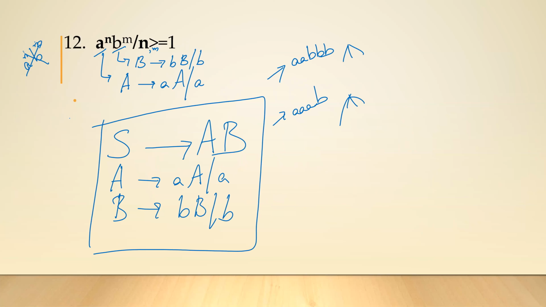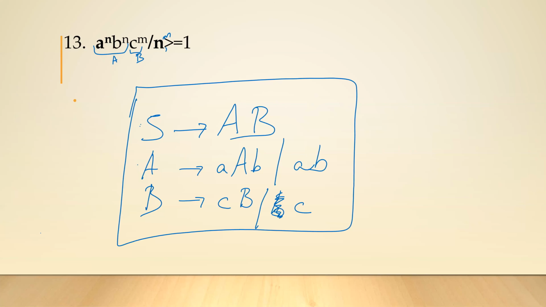And my B raised to M, I took from just the previous list. I combined it. That's it. A raised to N, B raised to N, I did this together because both were N.